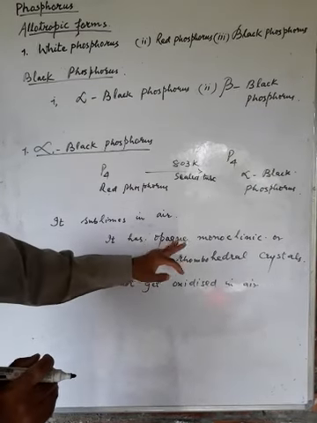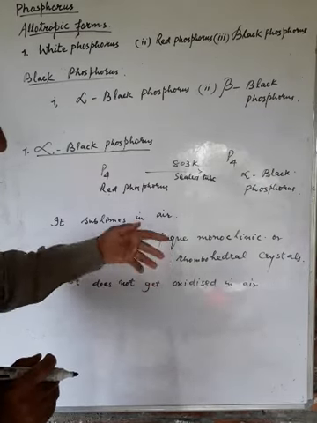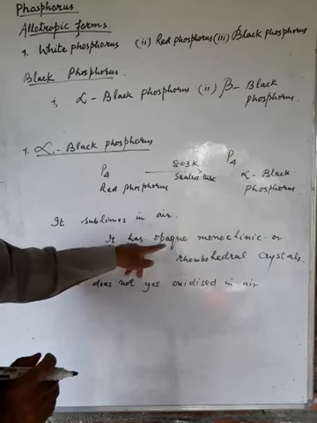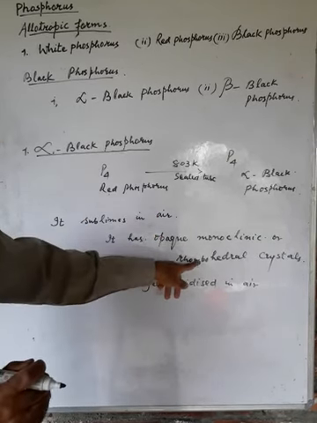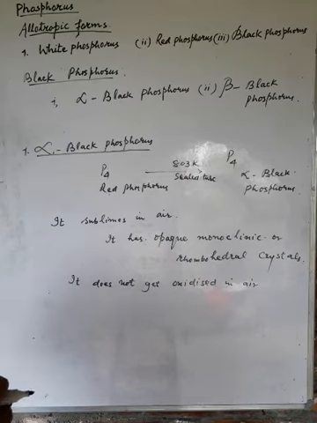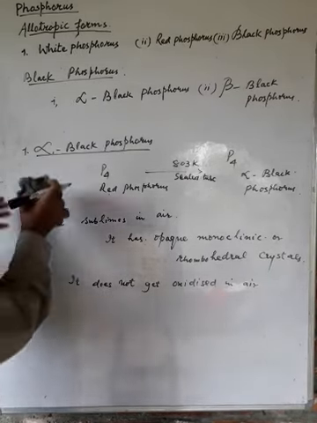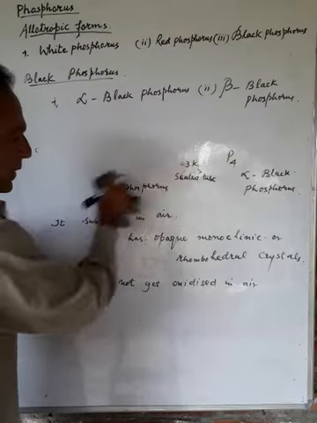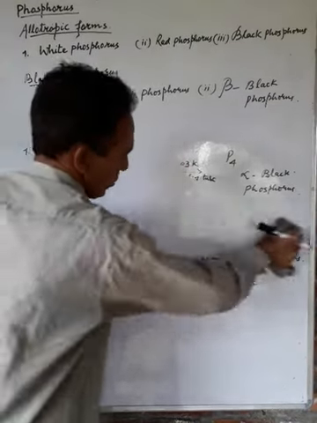It has opaque, not transparent or translucent, monoclinic or rhombohedral crystals. And now the last one is beta black phosphorus.